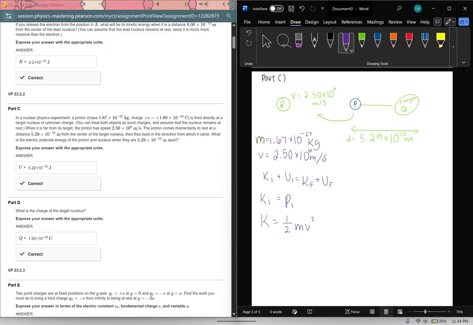Now I'm going to substitute the known values. The mass is, as we know, what I wrote down.